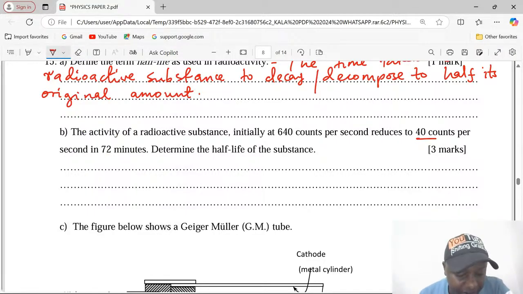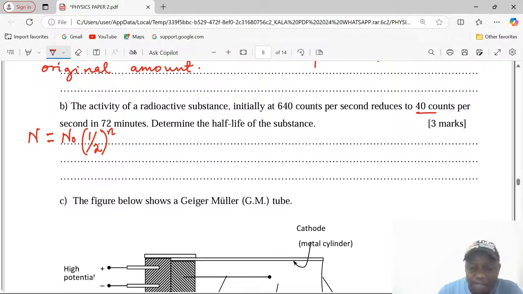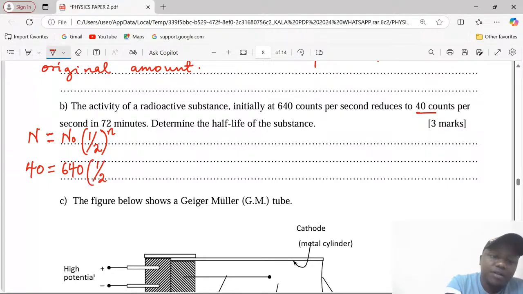How do we get half-life? There is this formula that tells us that the remaining substance, either mass or number of particles, is given by the original N0 multiplied by half raised to n, where n is the number of half-lives. So 40 equals 640 times half raised to n.